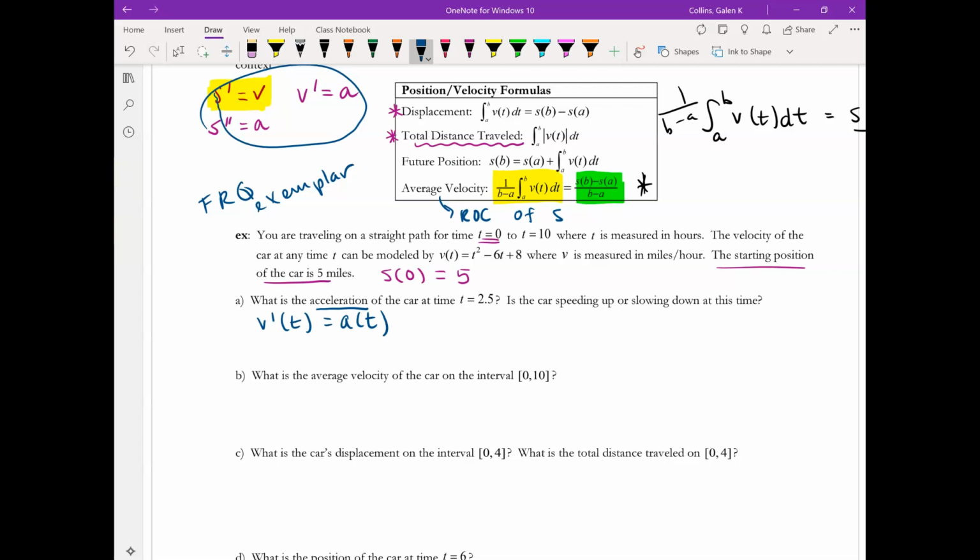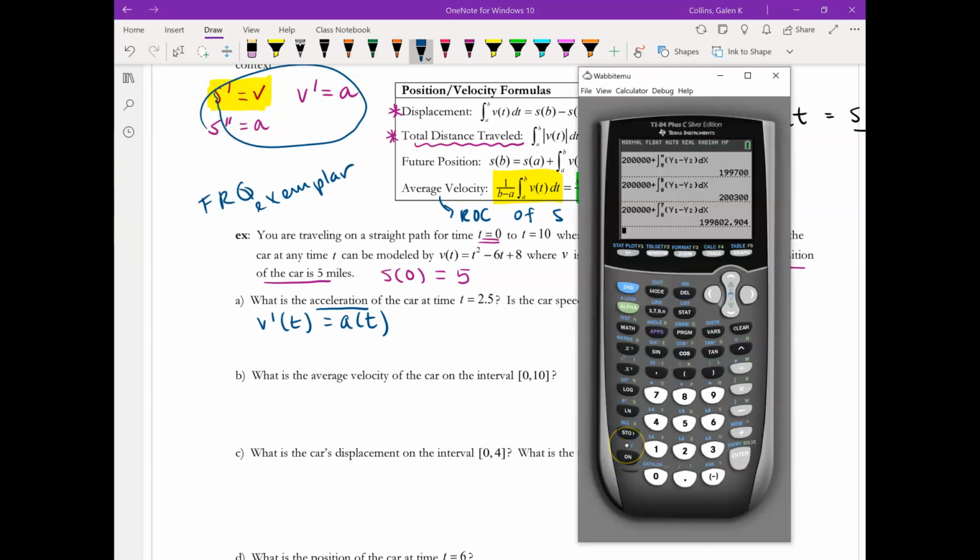So what this is really asking for is the acceleration at time 2.5, so we need the derivative of the velocity there. In my calculator, I'm going to go to y equals, and clear out these equations from before. I'm going to type in my velocity function: t squared, which is x squared, minus 6t, or 6x in this case, plus 8.